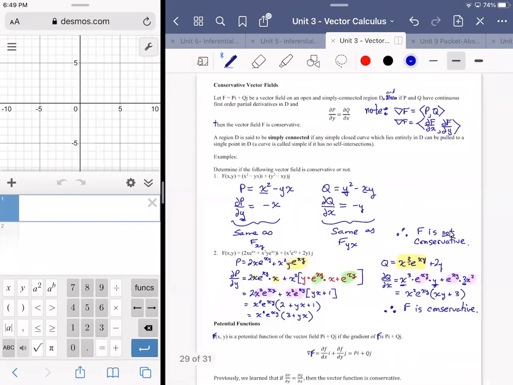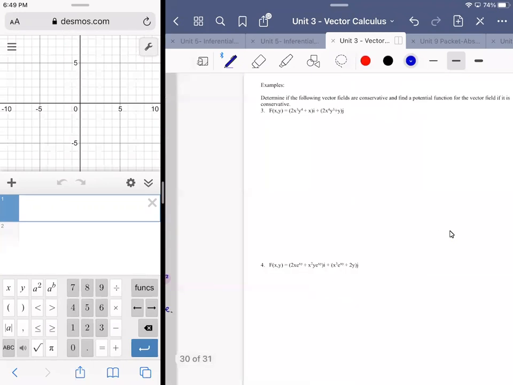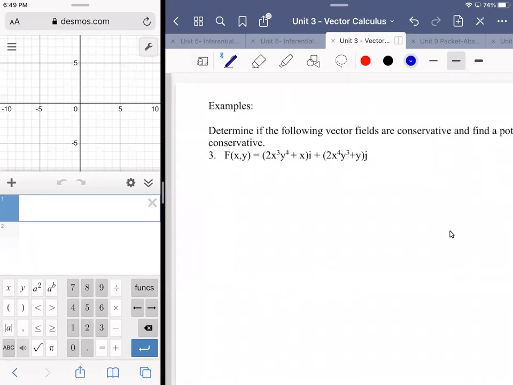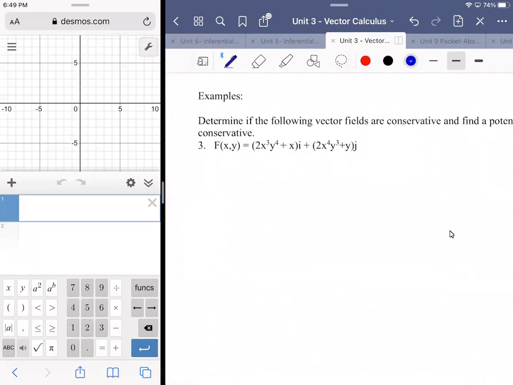But example 1 is different. We still have to work with number 3, but we already know that number 4 here, since it's based off of example 2, is going to be conservative, but we still need that information. So I'm just going to do a lot of copying and pasting when it comes to that one, but this one we're going to take from scratch.